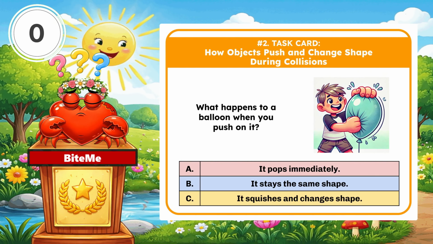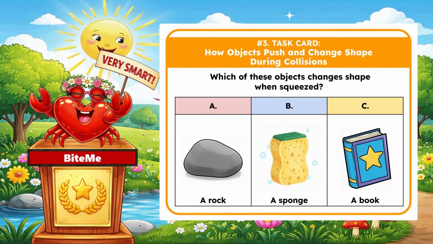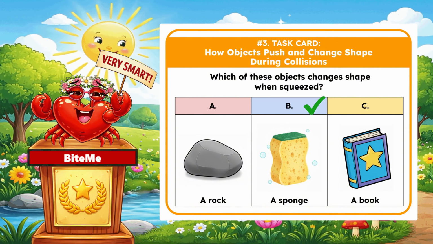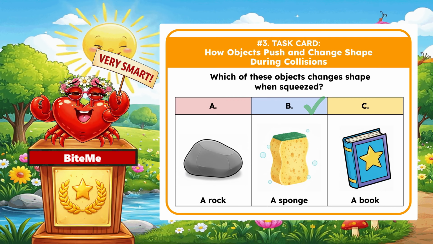And the correct answer is letter C. It squishes and changes shape. Which of these objects changes shape when squeezed? And the correct answer is letter B, a sponge.